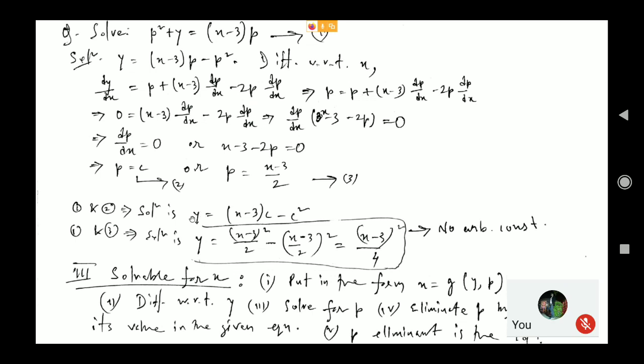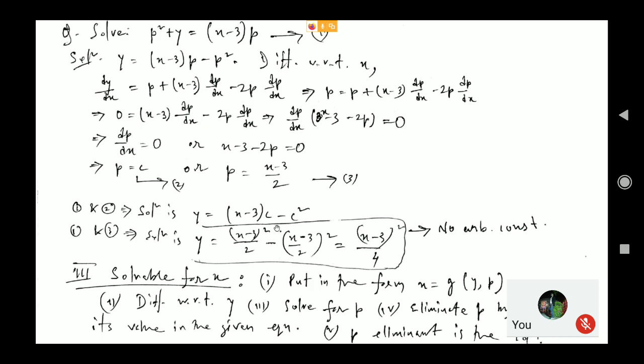So that's why we will take this as the general solution, because this solution has the arbitrary constant. This one does not have arbitrary constant. That means it is just one solution. You can write this also, but the main solution or the general solution is this one, y equal to x minus 3c minus c square.